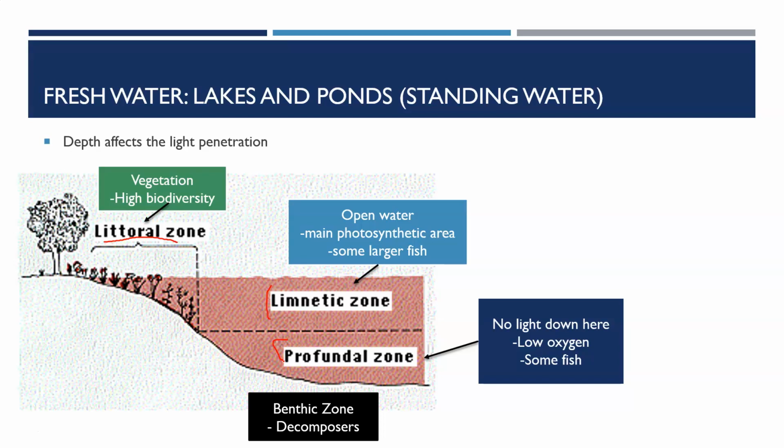So if the lake or pond is deep enough, you're not going to get that light penetration. So very few fish, you may have catfish hanging down there. And no light means no photosynthesis, which means there's low levels of oxygen. And then at the very bottom here in the sediments, we have the benthic zone. This is where our decomposers hang out.